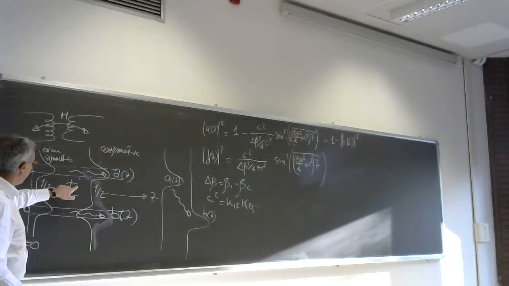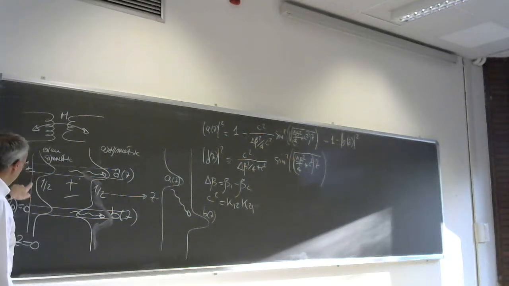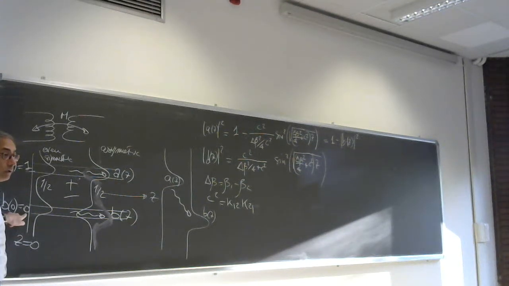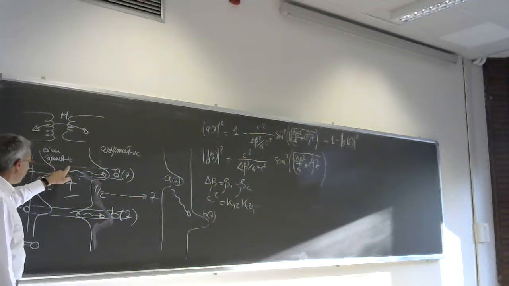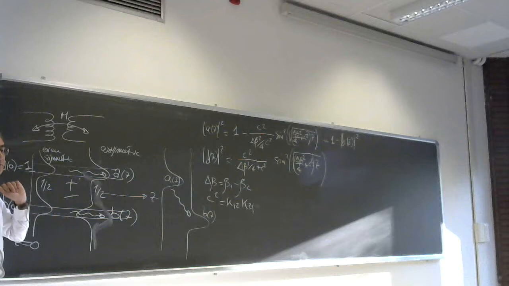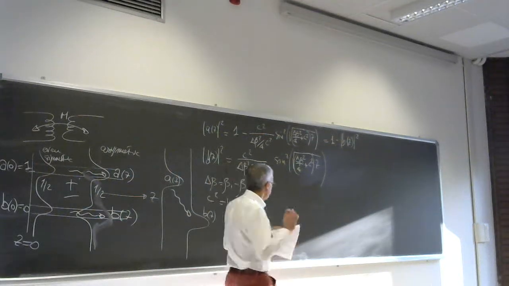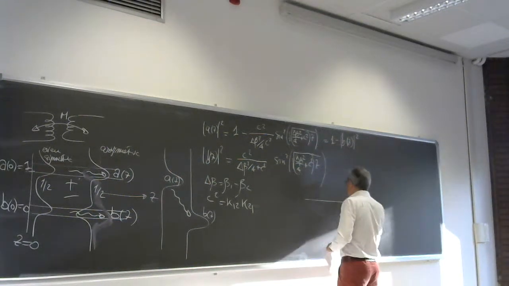So 1/2 plus 1/2 gives you 1 here, and here gives 0. So basically entering from here with the mode of this waveguide means that you excite both modes of the structure with the same amplitude and same phase at the beginning. It's clear? Okay.